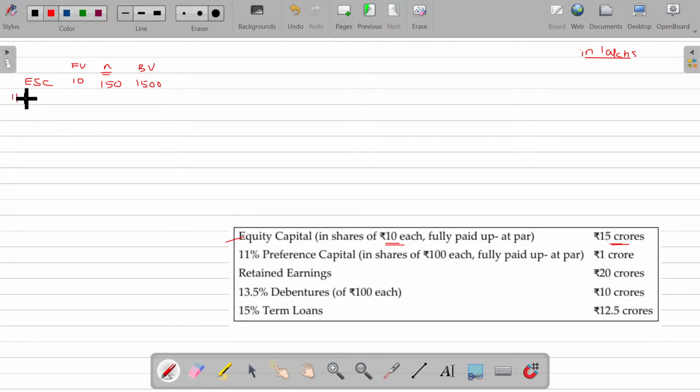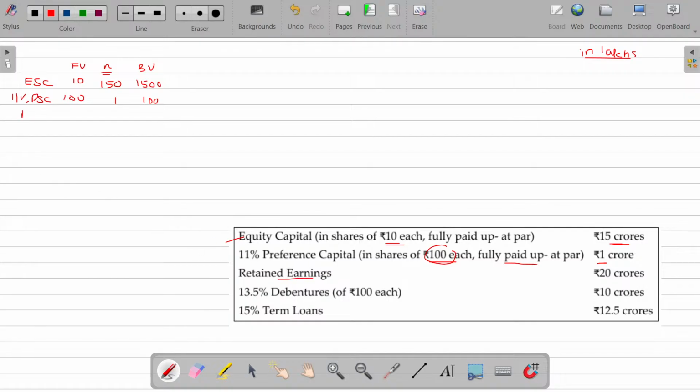11% preference share capital. Face value being 100. 1 crore, 100 each. Then how many shares do we have? 1 lakh shares, worth being 100 lakhs.